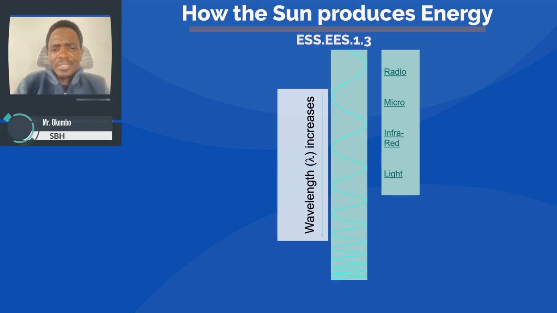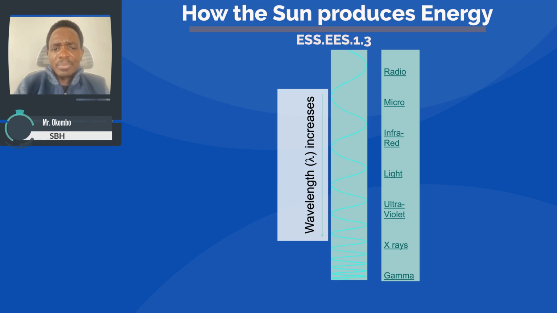Beyond the visible light, ultraviolet radiation carries more energy and can cause sunburn. X-rays have even higher energy, penetrating the body for medical imaging. At the top of the spectrum, gamma rays have the most energy and can be dangerous in high doses.